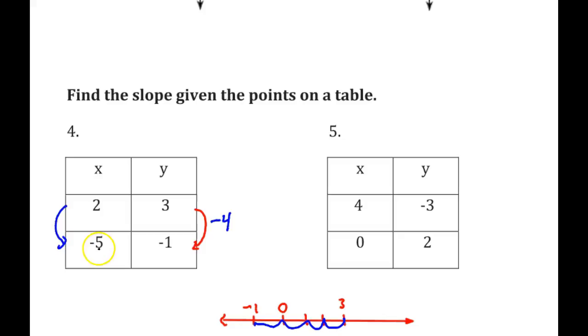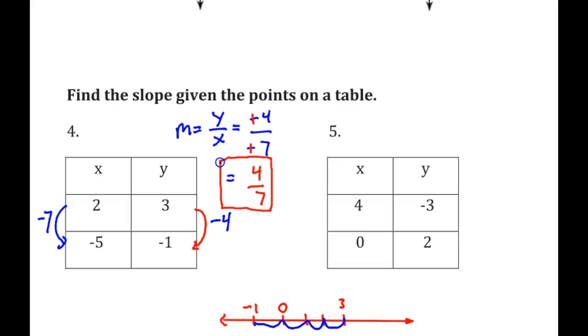Same thing this way. 2 minus what would be negative 5, and that would be a negative 7. 2 minus 7 is negative 5. Remember that the slope is rise over run, so it's the y over the x. So we have negative 4 over negative 7. We can simplify because the two negatives cancel out, so our final slope will be 4 over 7.